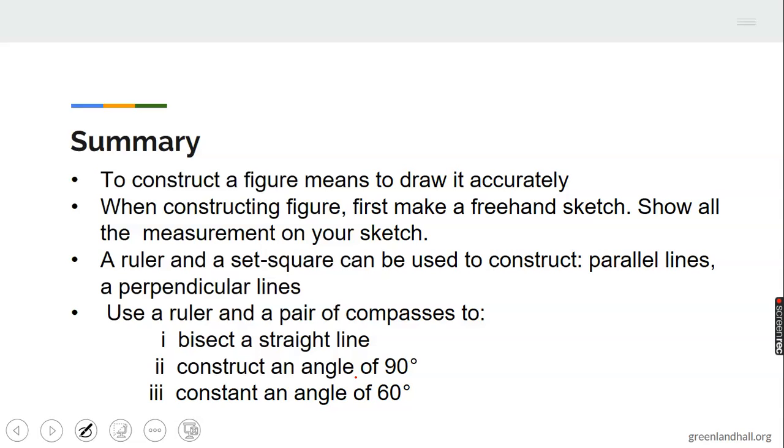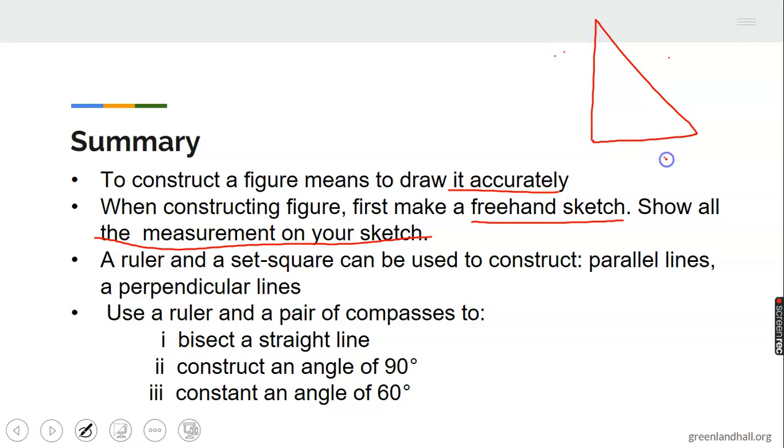Summary. To construct a figure means to draw it accurately. When constructing a figure, first make a freehand sketch. Show all the measurements on your sketch. For example, now you want to construct a triangle. First of all, sketch it out. Put all the measurements before you now start your construction.